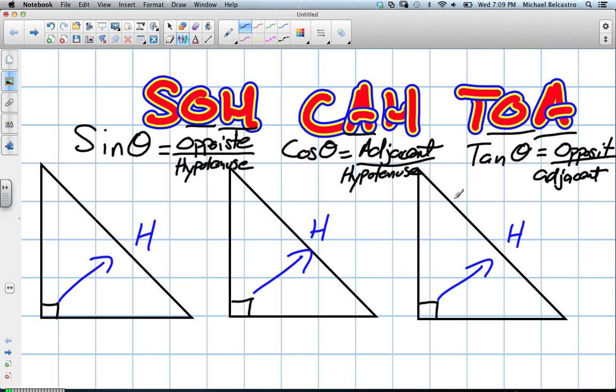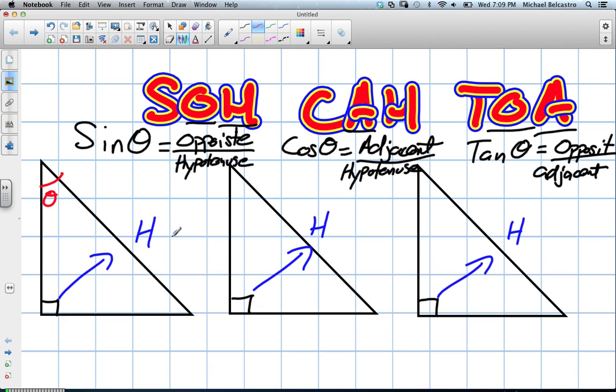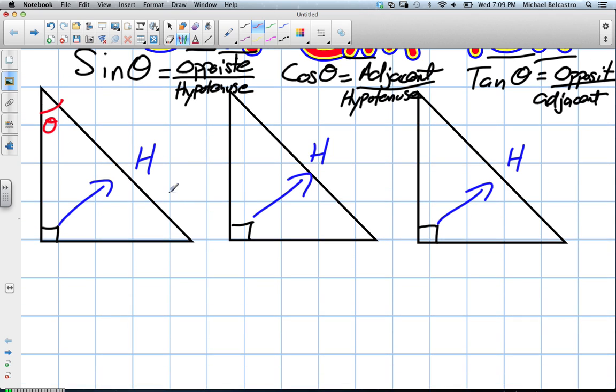Okay. Now, the problem is our theta, so for instance, let's say this was theta, the angle we're working with, depending on our formula, is going to change everything. So if we look at the first one, say this is theta for each of these. In the first case, I'm going to call these sides X and Y in each case.